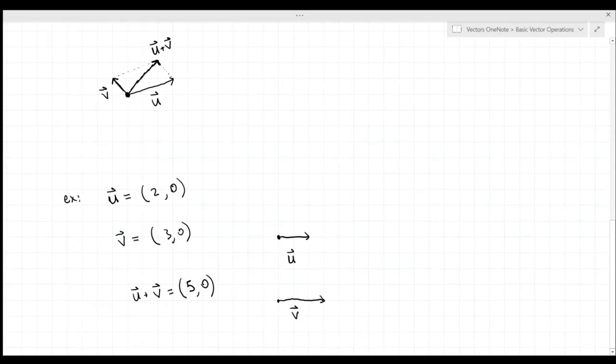But nevertheless, if you connect them head to tail, then you can still think of their sum as being the vector starting at where u starts and then ending at where v ends. So it's like going along u and then going along v. All right, but that's how vector addition works.